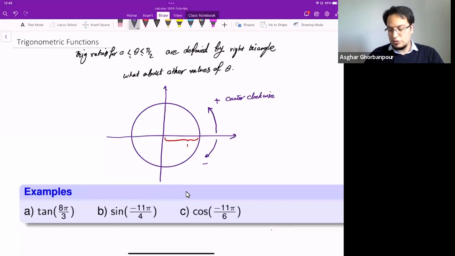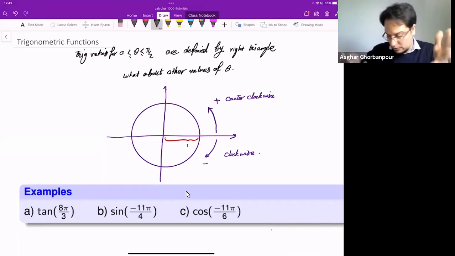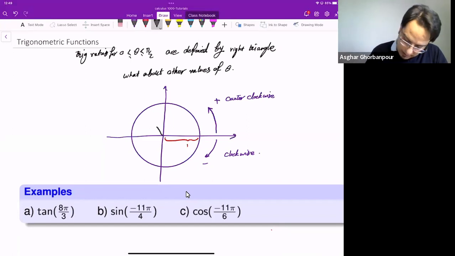Clockwise gives you the negative one. Now, when you have an angle, you go around several times, maybe one time or halfway, and you find an angle. Doesn't matter what that angle is. It means that you start from there, you go up to there.